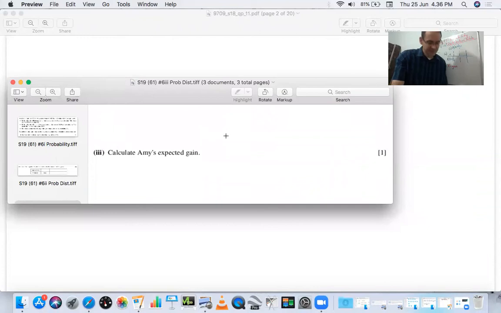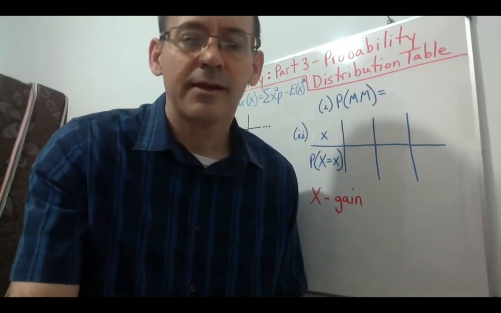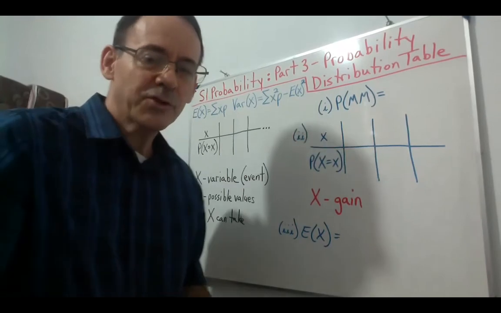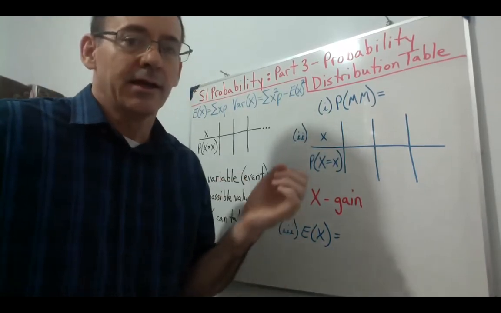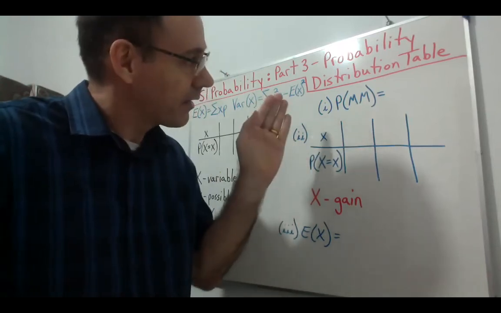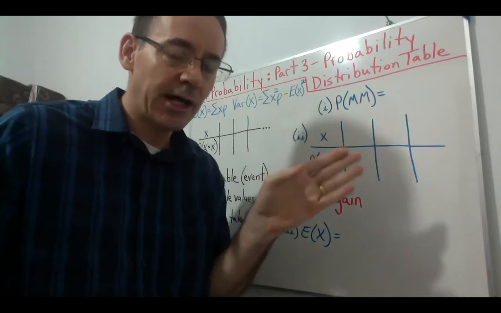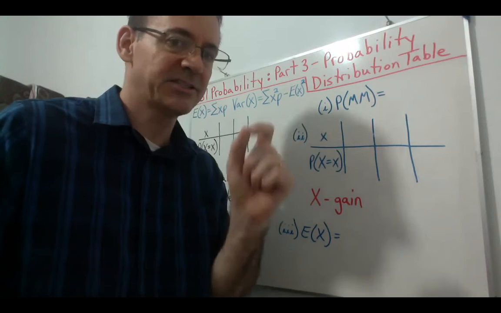So let's go back to our board here and look at the first part. So in the first question, it asks us to show that if she loses the $1, that the probability is 0.64.